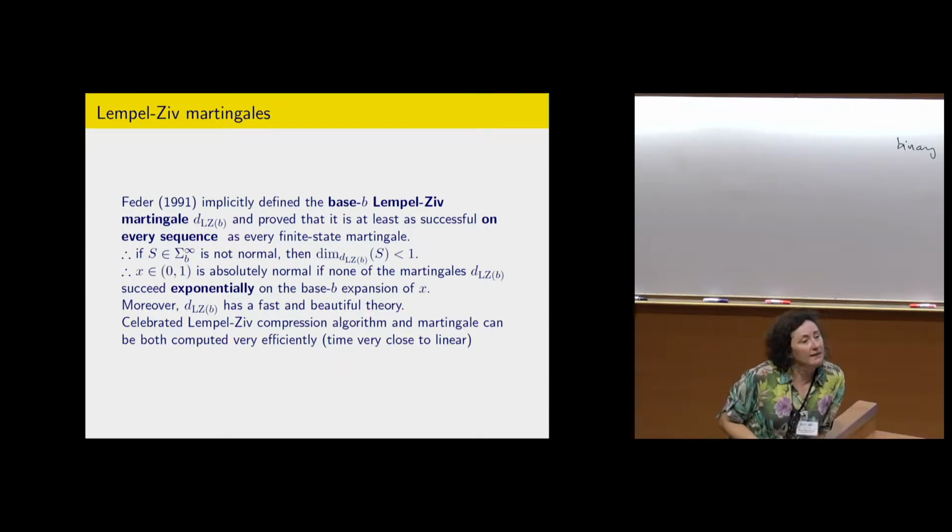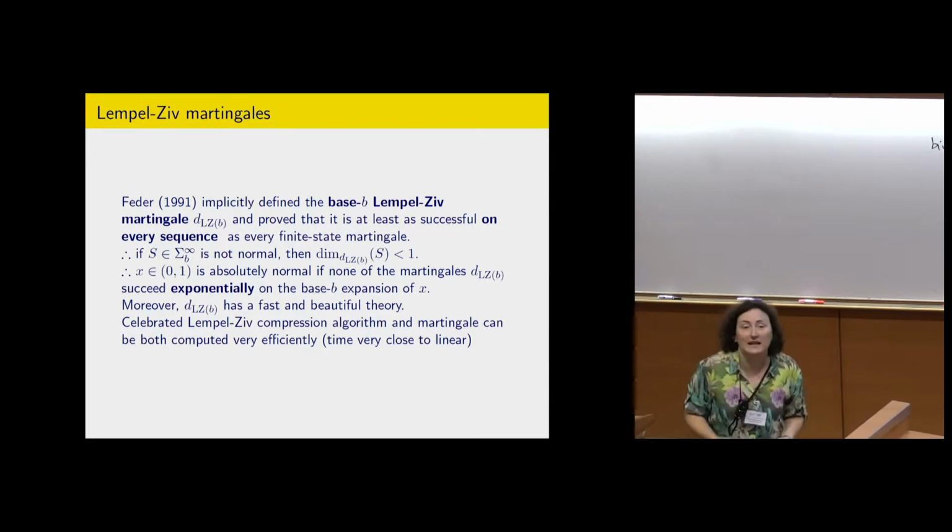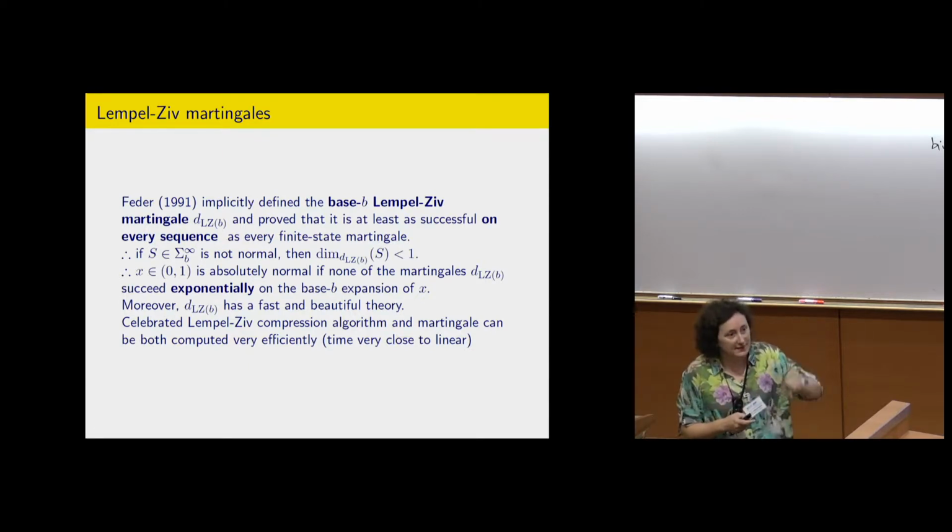Of course, it's not a dimension. I'm abusing notation a bit because it's a single martingale, a single strategy. But I was saying that this follows from the fact that finite-state dimension is less than 1. It follows because the Lempel-Ziv martingale is always as good as any finite-state martingale. So it's optimal for finite-state martingales in a very strong way. It's not only a success thing, but a bound thing.